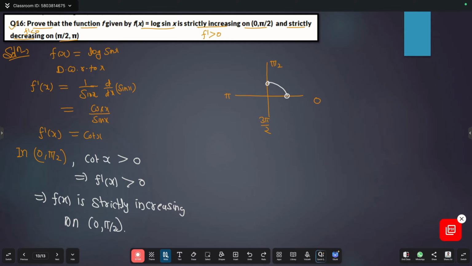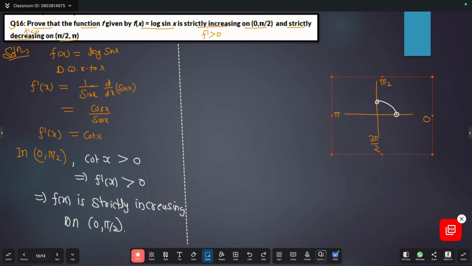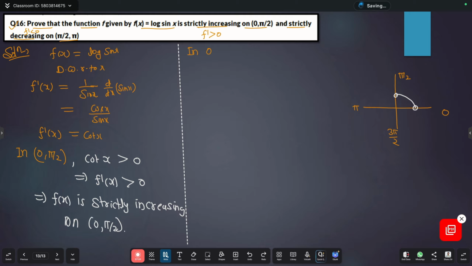Okay, now check in the other interval, pi by 2 comma pi. You can see which quadrant this is. Pi by 2 to pi is the second quadrant. And in the second quadrant cot is negative, everybody knows.